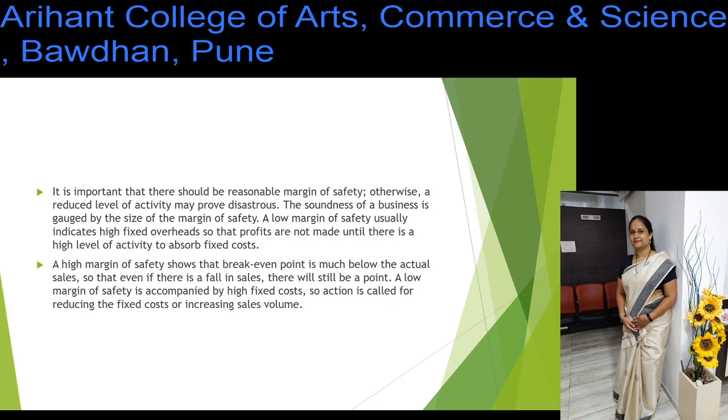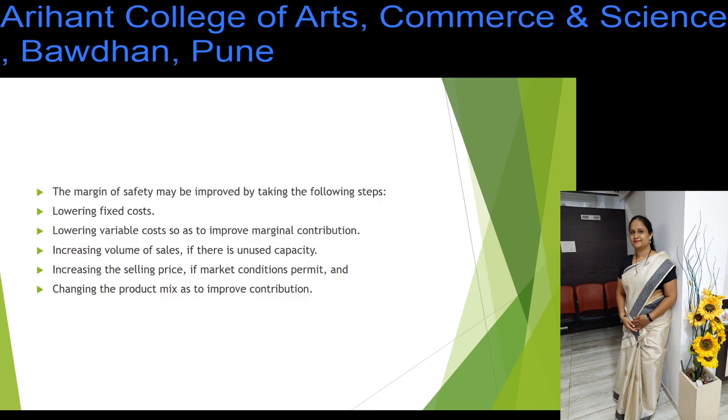A low margin of safety is accompanied by high fixed cost. So, action is called for reducing the fixed cost or increasing sales volume. So, it is very much important to keep moderate margin of safety.